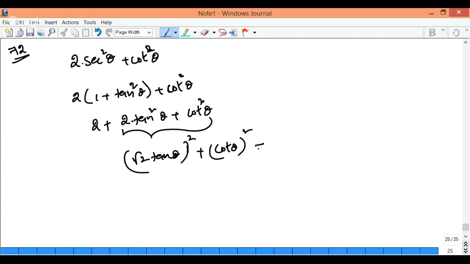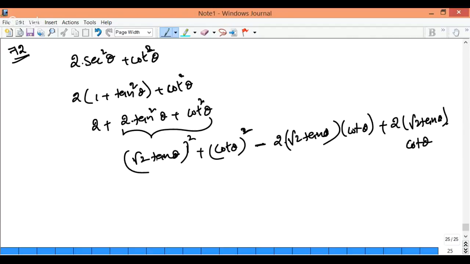We try to get the whole square with a negative sign, like (a minus b) whole square, minus 2 into root 2 tan theta into cot theta plus 2 into root 2 tan theta into cot theta.